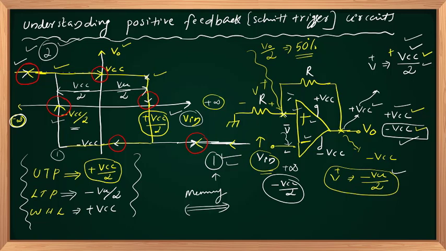It falls under the category of a circuit that has memory because the input voltage required to change from state 1 to state 2 depends on the initial value of its own output, minus VCC. If the initial value of output is state number 2, the Vin at which the required transition happens is positive.